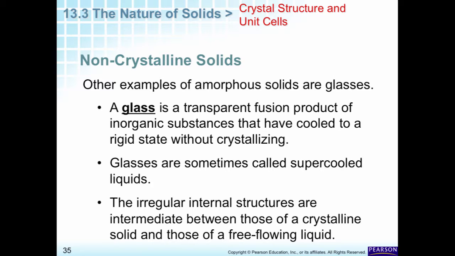So, what is the structure of glass or substances like glass? It's somewhere in between the crystalline solids we just talked about and a free-flowing liquid. So if someone asks, is glass really flowing? The actual answer is technically yes, but in reality it's so slow that in your lifetime or many other lifetimes you would never notice the difference.